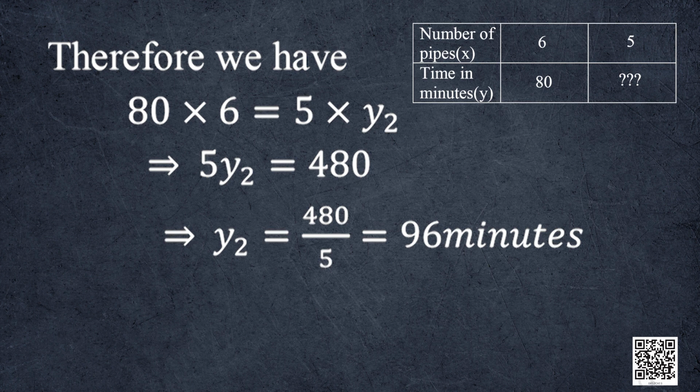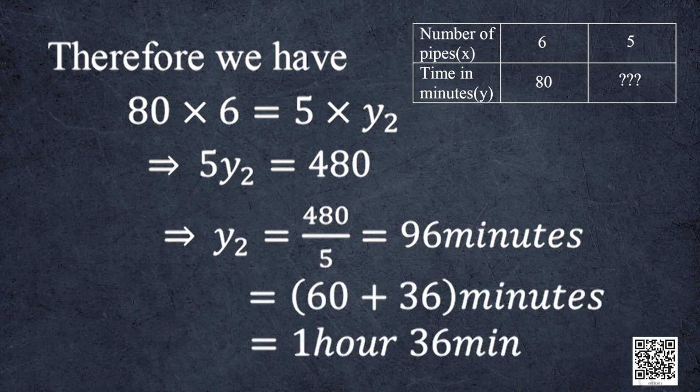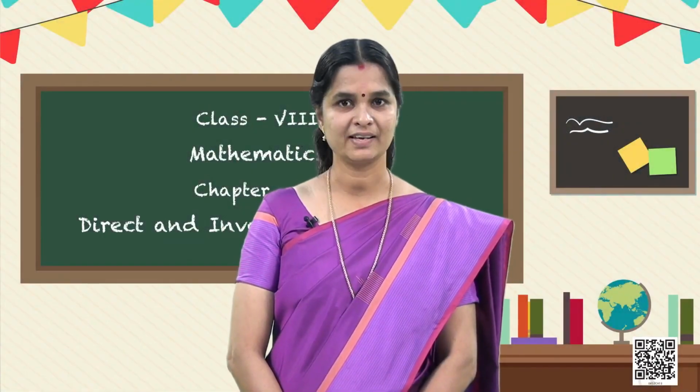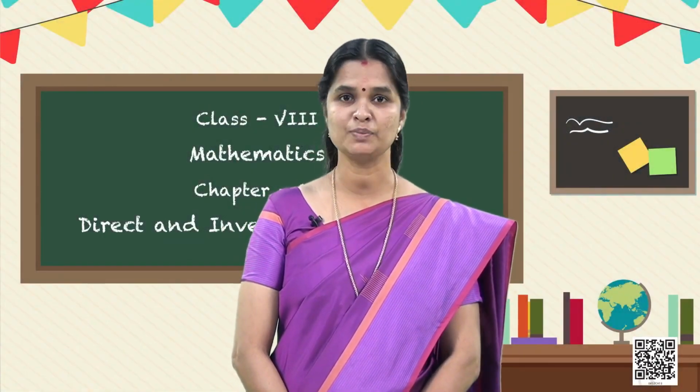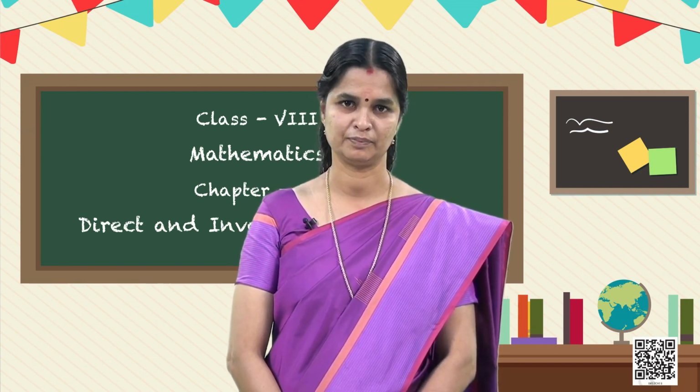Can you convert this into hours and minutes? Good. 96 minutes is equal to 1 hour 36 minutes. So, it takes 1 hour 36 minutes to fill the tank using 5 pipes.